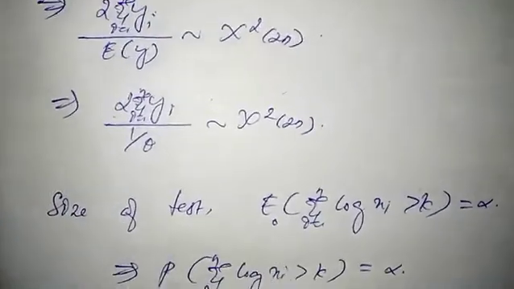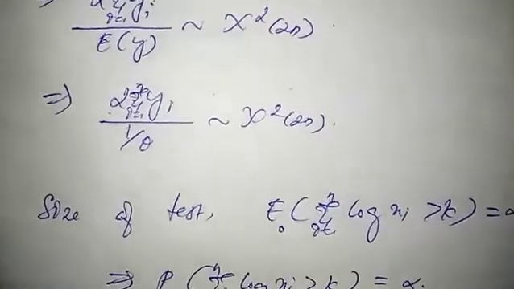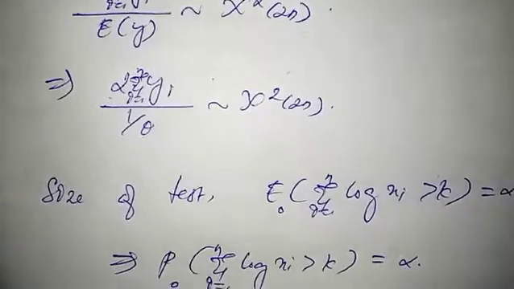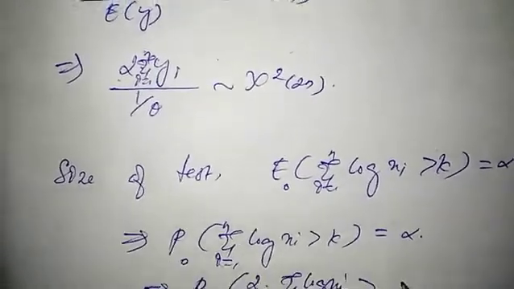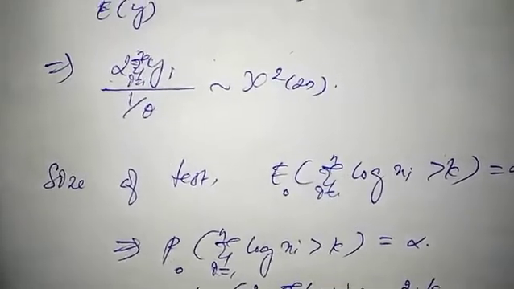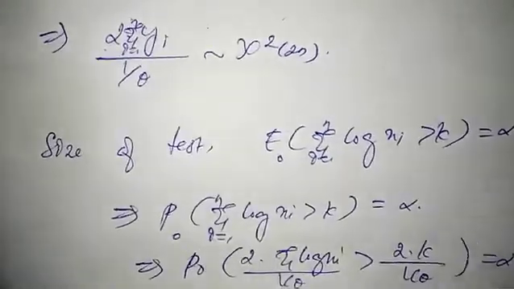Here we take a transformation, that is 2 into summation log xi divided by 1 by theta, greater than 2 into k divided by 1 by theta, which is equal to alpha.